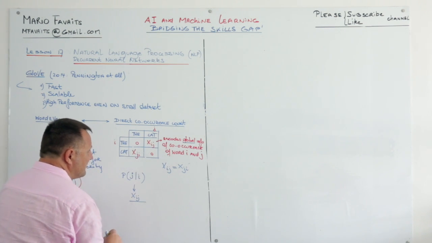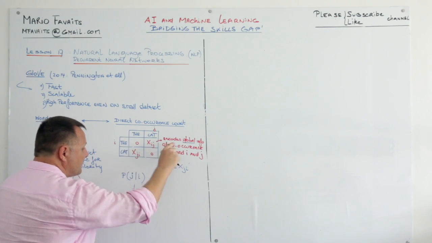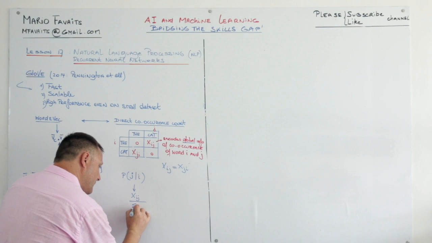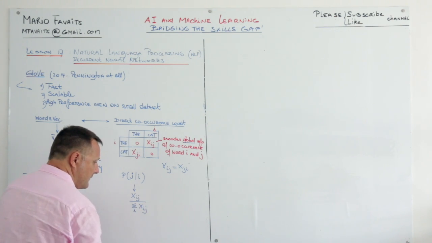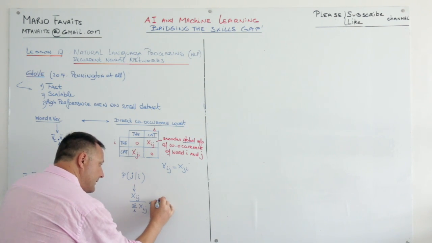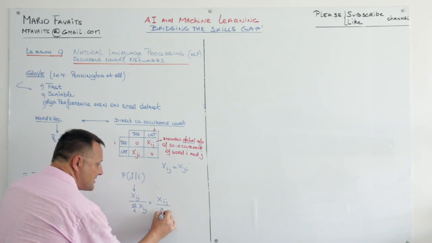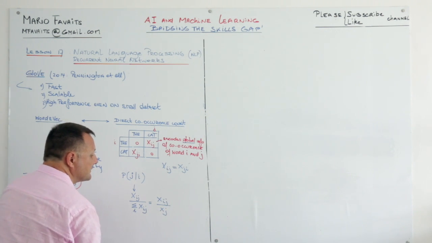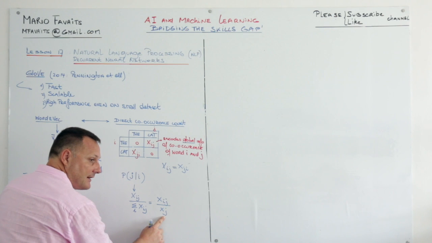We need to divide by the sum of all the counts in that row i. Yeah? So sum over i of Xij. Alright? So if we calculate this, it is Xij divided by Xj. Alright? Because here I sum over all the i's, but I still have the j left.